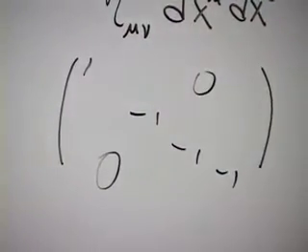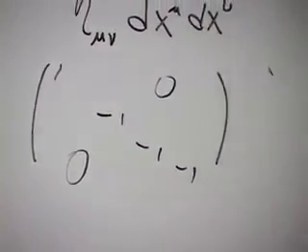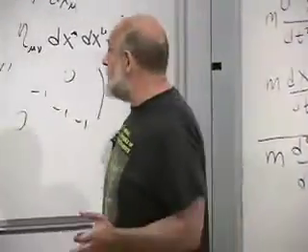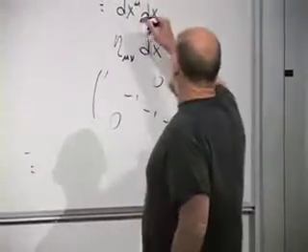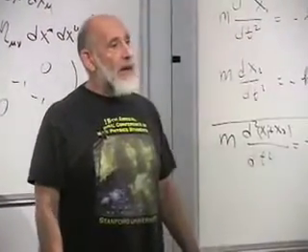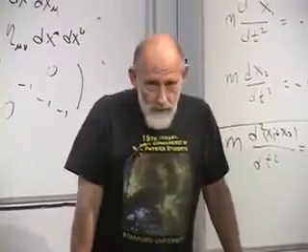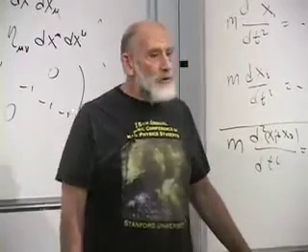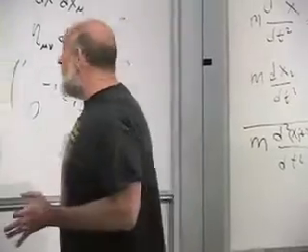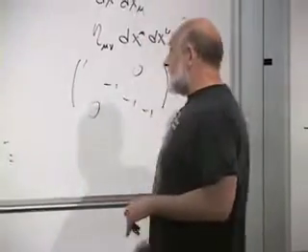Now, one statement of the special theory of relativity is that the tau squared should be taken to be an invariant of the geometry. In other words, all observers, generally, will not agree on what dx is.